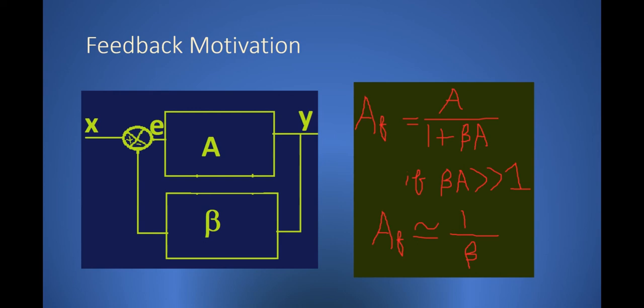Now the advantage is that beta, which is the gain of the feedback path, is independent of frequency and other operating conditions. So what is the basis of our claim that beta is independent of frequency? The reason is that the feedback path usually consists of a network of resistors which are frequency independent.